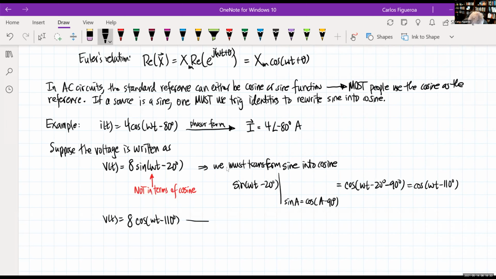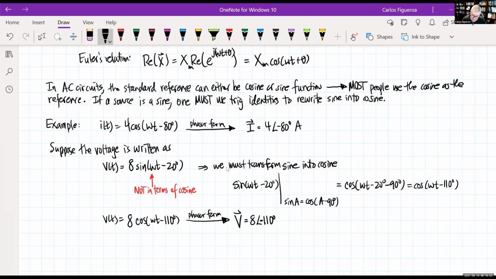So now, in phasor form, I can write this as V equals 8 angle negative 110 degrees.